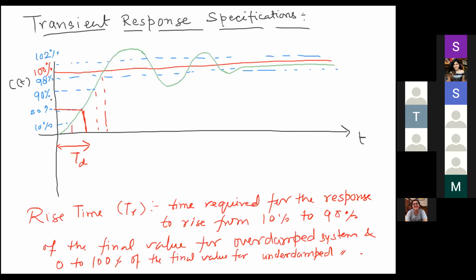So if we consider an over-damped system, we measure the time from 10% to 90%. And if we go for an under-damped system, we measure the time required to go from 0 to 100% of the response.